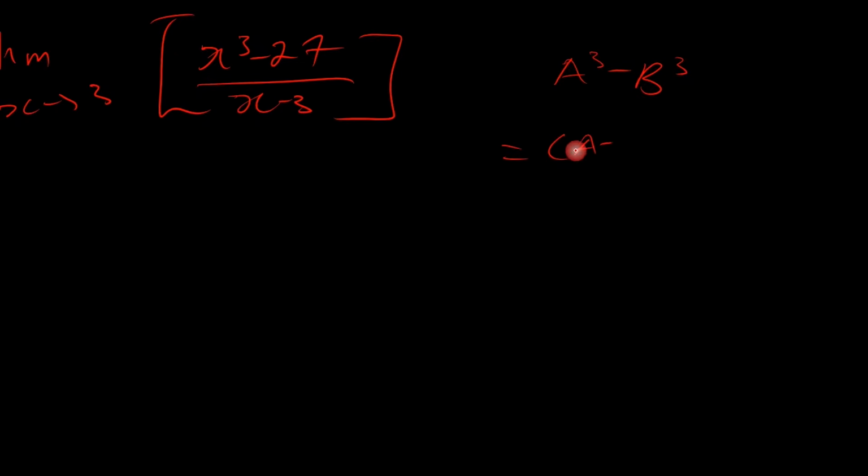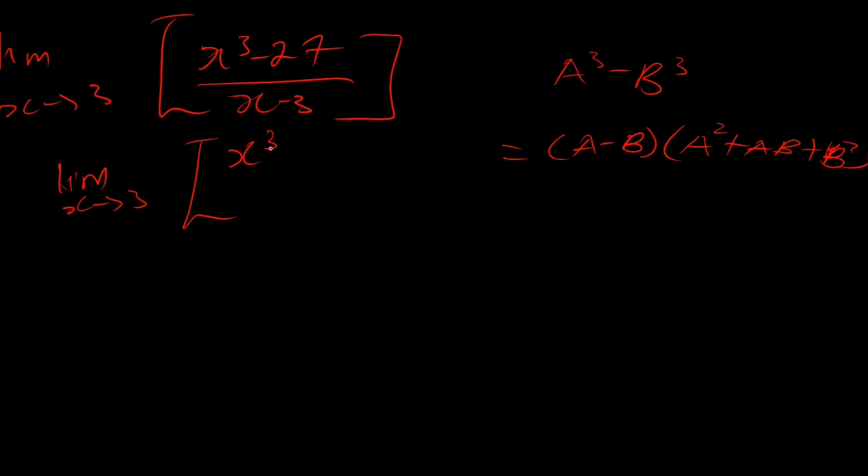We have a minus b multiplying a squared plus ab plus b squared. So the limit as x approaches 3 of x cubed minus 27, which is the same as 3 cubed, because 3 cubed is 27. So this becomes the difference of two cubes.